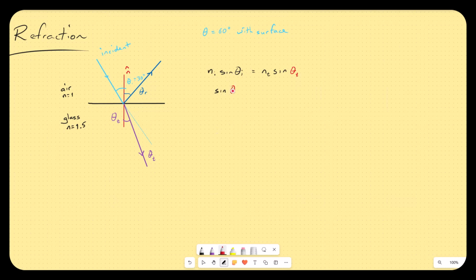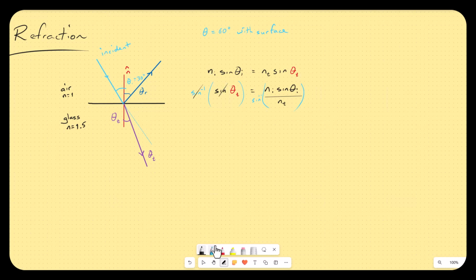The sine of my refracted angle equals n incident sine theta incident over the second medium. I'm not looking for the sine of the angle, I'm looking for the angle itself. So what I would like to do is inverse sine this thing. Or if you are a math person, arc sine this thing.